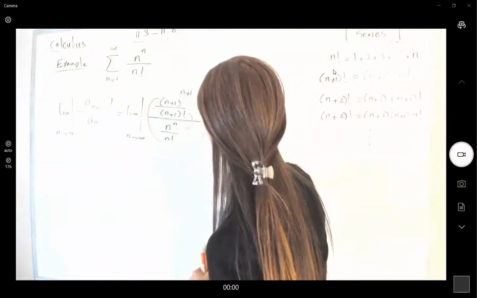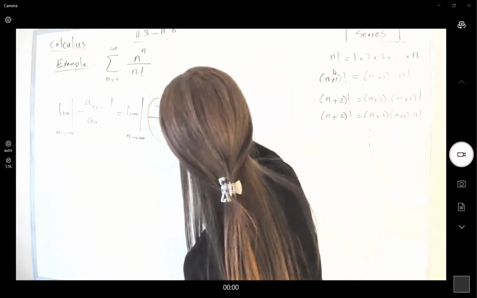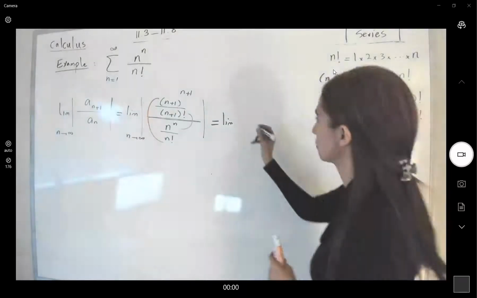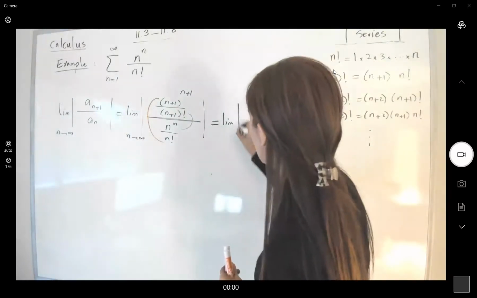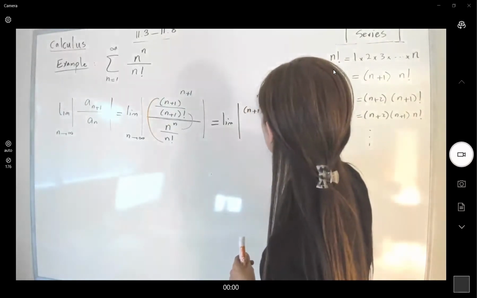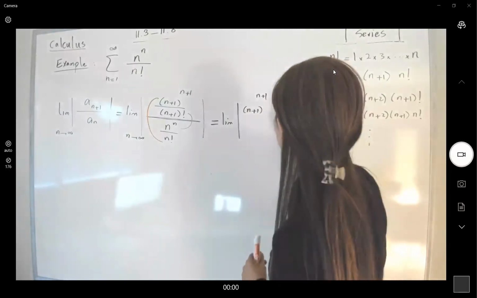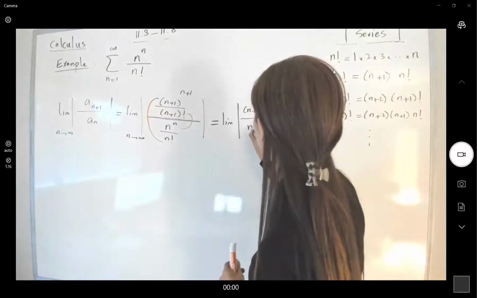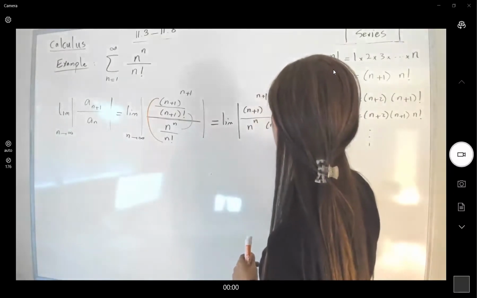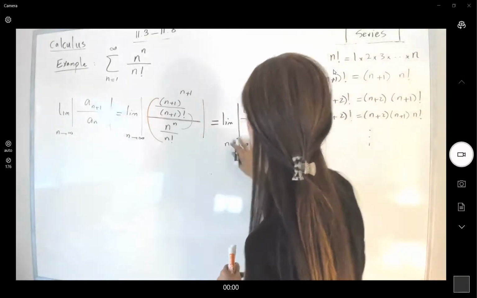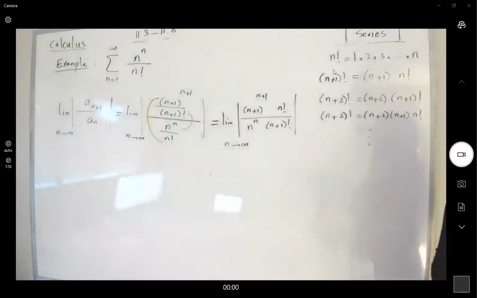This is the limit of absolute value of n plus 1 to the n plus 1 times n factorial, divided by n plus 1 factorial times n to the n, as n approaches infinity. Now our job is to simplify this as much as we can.